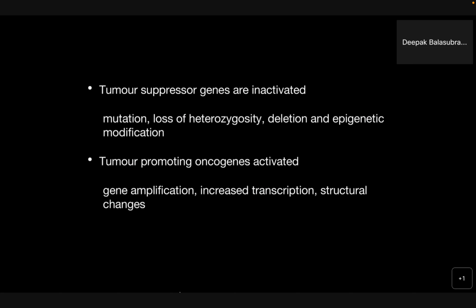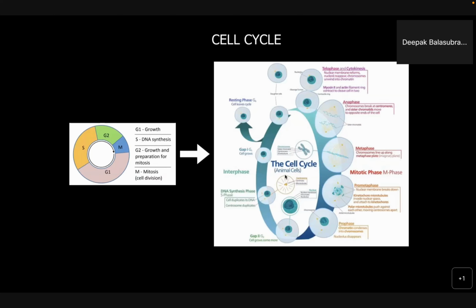And tumor promoting genes are activated. And this occurs because of gene amplification. There is increased transcription of the genes and proteins, and this can be because of structural changes which occur in the promoting oncogenes.